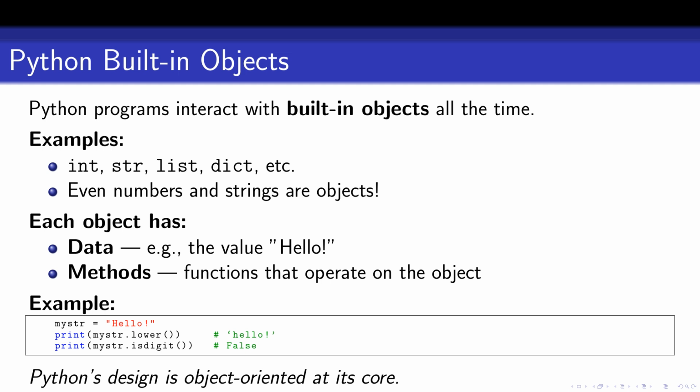This means that Python programs are constantly interacting with built-in objects, whether you realize it or not. You can define your own classes in exactly the same way, creating new types of objects tailored to your program's needs. Once you start thinking in terms of objects, you'll see how Python's design encourages reuse, structure, and extensibility through its class-based model.